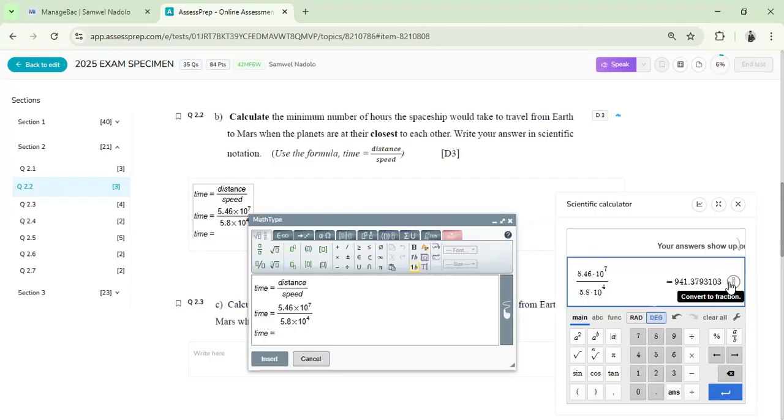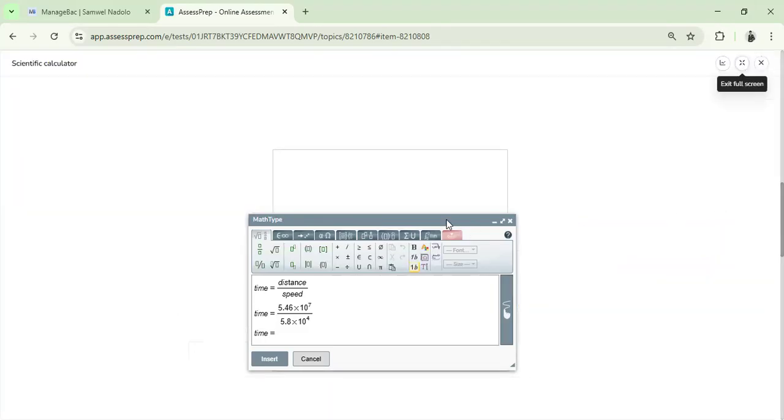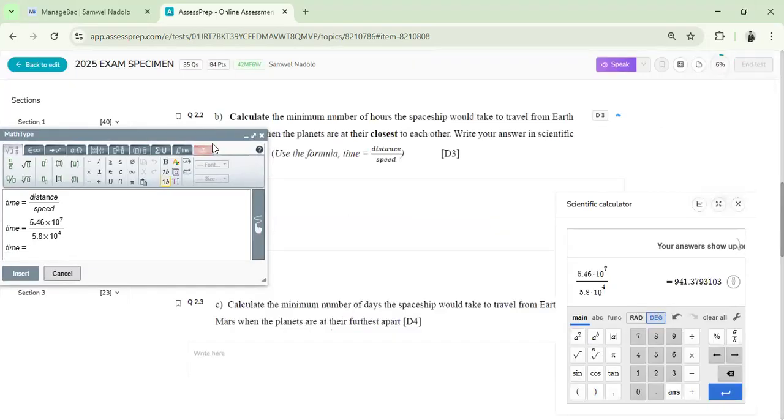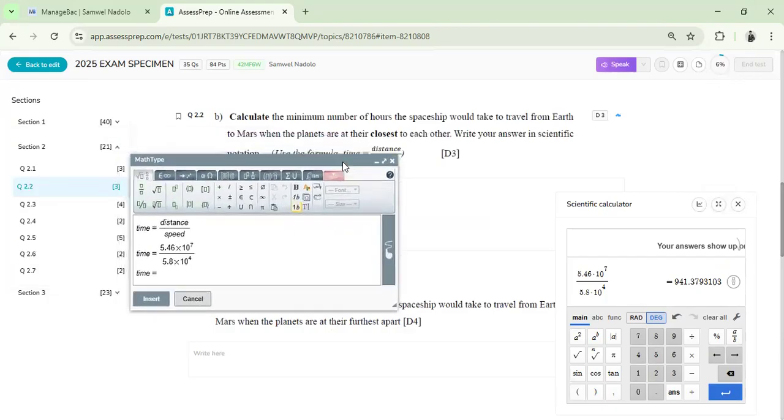So you can convert to a fraction if you want, but you can also leave it as a decimal. And if you want a visible calculator, you can use it as full screen. So let's return back. We are going to insert this.